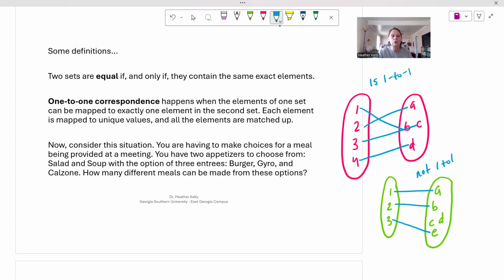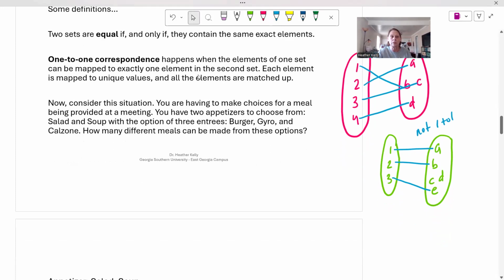So let's consider a situation here. We're at a meeting and you get to choose one appetizer and one entree from the menu, okay? And the question is, if we have two appetizers, soup and salad, and three entrees, burgers, gyros and calzones, then how many different meals could we actually make?